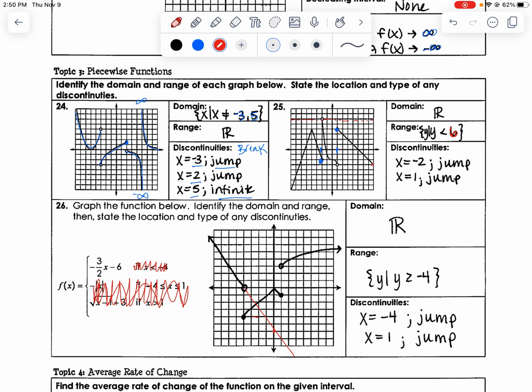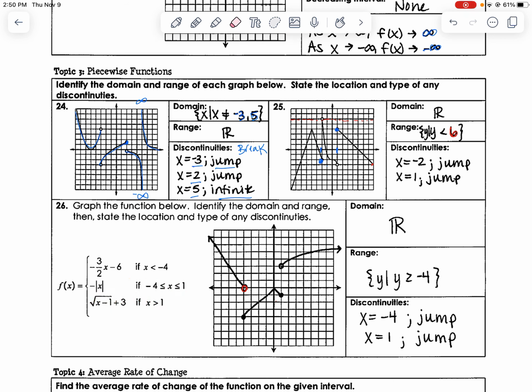But now I can consider the domain restriction. Now I only want to see the x's that are less than or equal to -4. Well, that happens to be right out here. And so I am going to erase the part of the graph that I'm not interested in. Same thing for this next section.